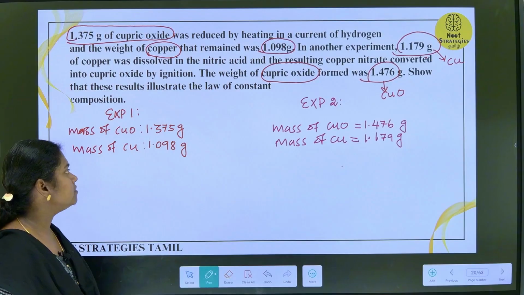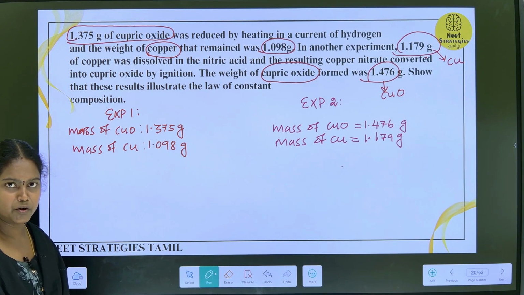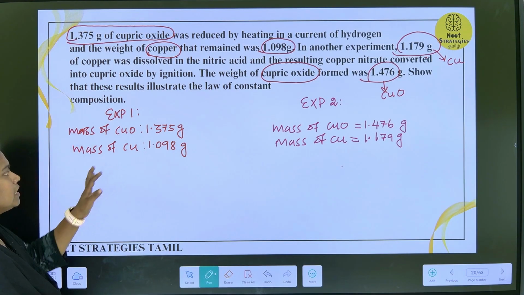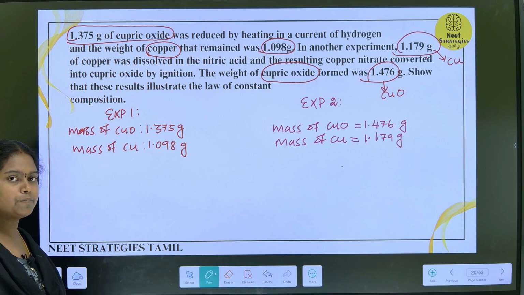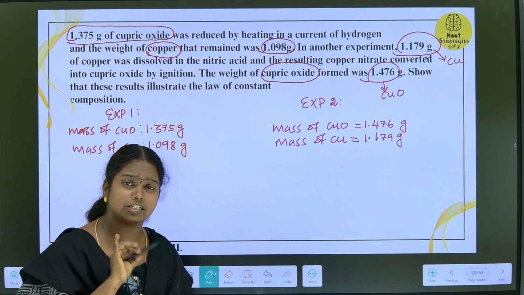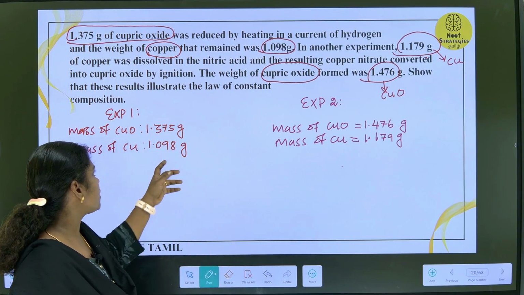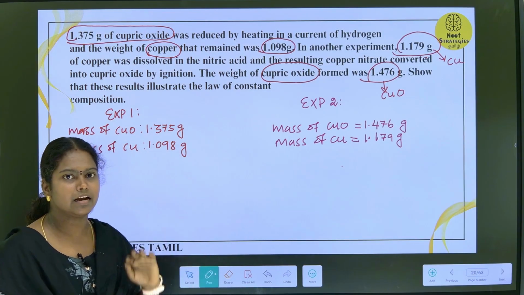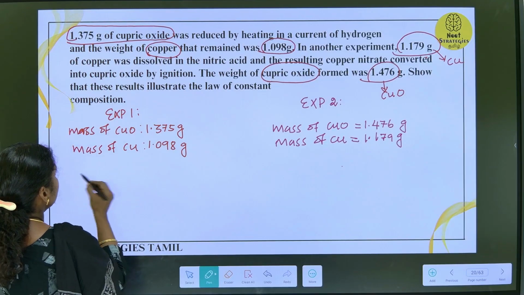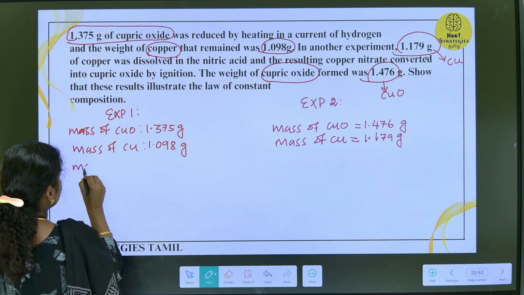ஓகேங்களா, so first நம்ம என்ன work out பண்ணனும் அப்படினு கொடுத்துறேன், so oxygen find out பண்ணிக்கலாம். அப்ப oxygenோட percentage தெரிஞ்சது அப்படினா we can easy to identify, ஓகேவா. So ரெண்டு ஒரே ரேஷியோல தான் இருக்கு. ஏன்னா mass of copper இது ஒரு பெரிய காம்பினேஷன்ஸ் இருக்கு, ஆக்ஸிஜன் எடுத்தோம்னா ஈஸியா இருக்கும், ஓகேங்களா. அப்போ mass of oxygen calculate பண்ணுங்க.